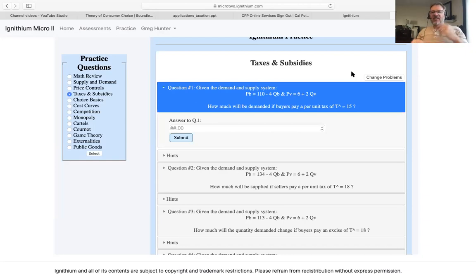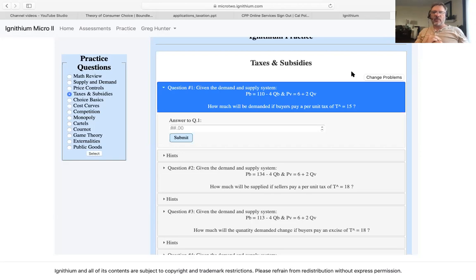And since I know that it doesn't really matter which side I model the tax on, it's the magnitude of the tax and then the elasticity of demand and supply, which has to do with the slope of the demand and supply curves, that actually determine the economic impacts on the parties.